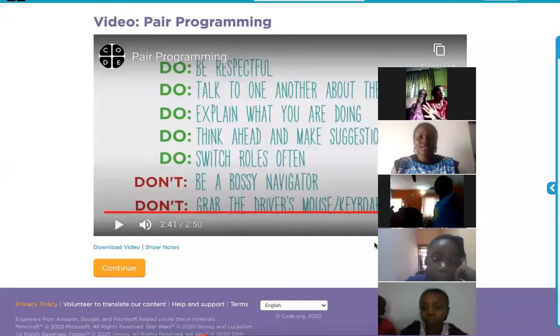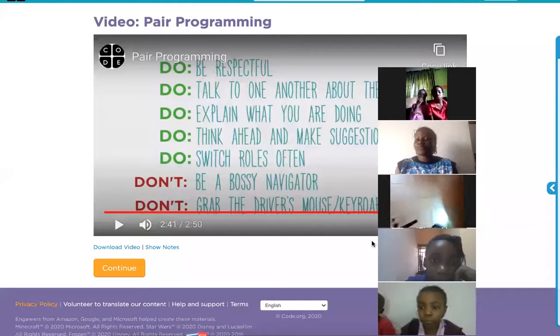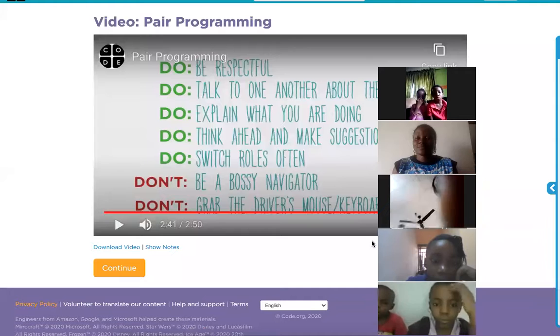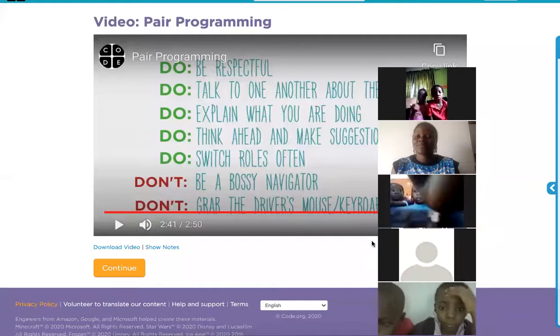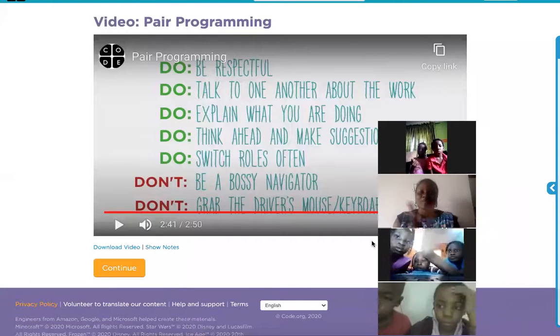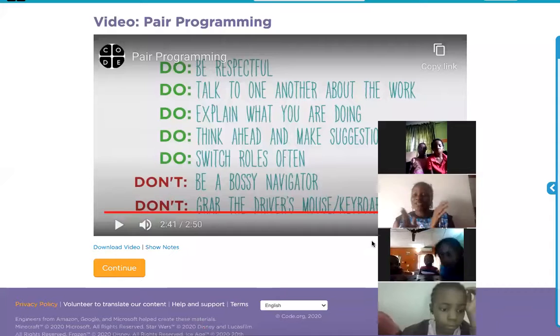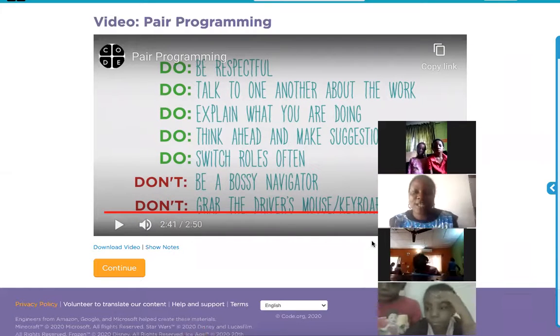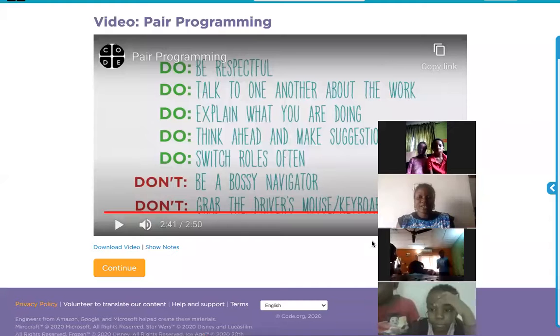Peer programming means when more than one person is using a computer, because it says two heads are better than one. All right, give him a round of applause, everybody. Let's clap for him. Yes, very good, very correct.